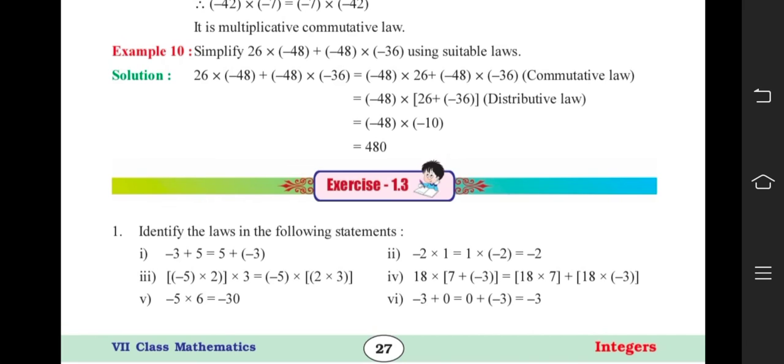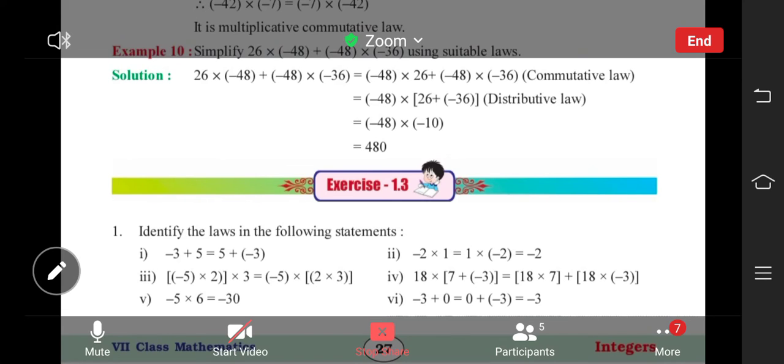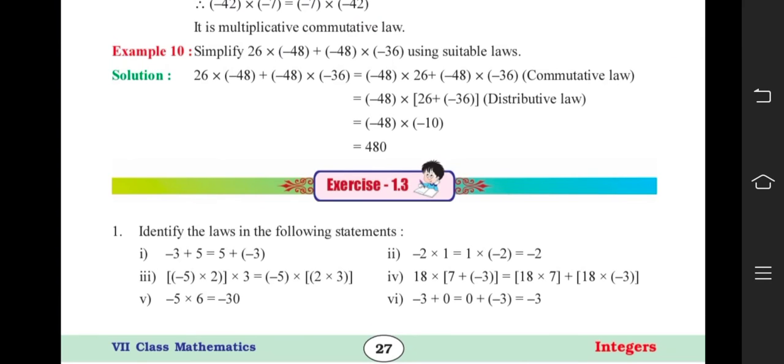Next, third one. Minus 5 into 2 into 3 is equal to minus 5 into 2 into 3. Which property, which law is it? All are multiplications only. But here the first two are multiplied and the third one is multiplied after that. On the right-hand side, the second and third are multiplied, then multiplied with the first one.